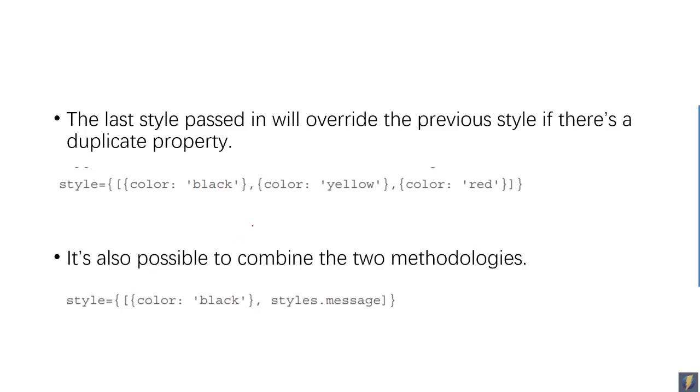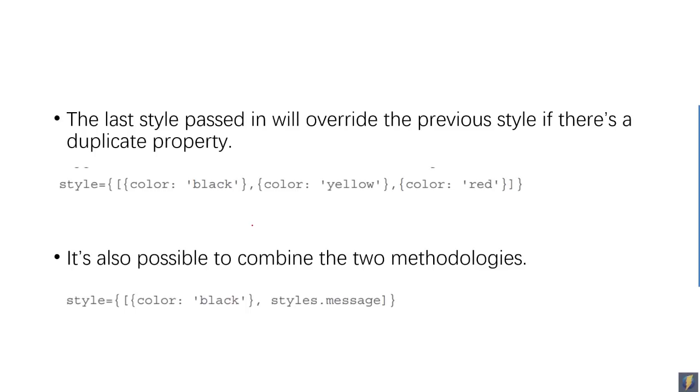Probably we may define the same property more than once. This is property override. If we define some property more than once, the last style passed in will override the previous style if there's a duplicate property.